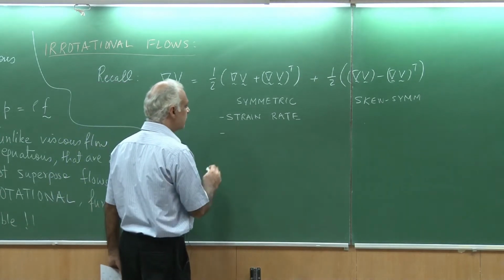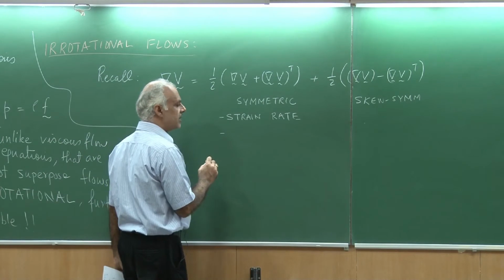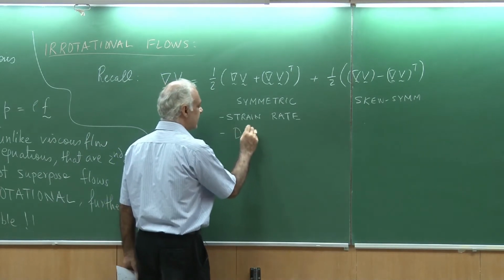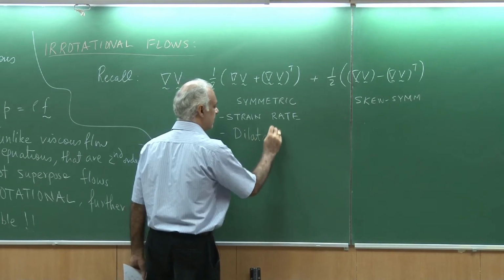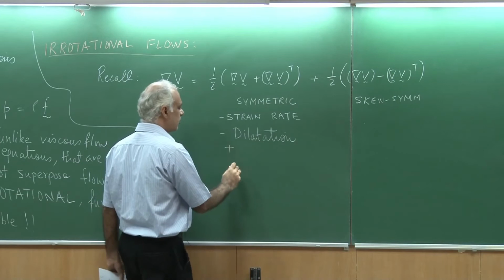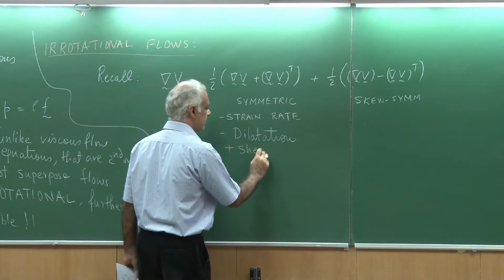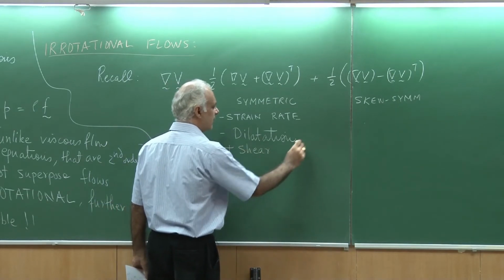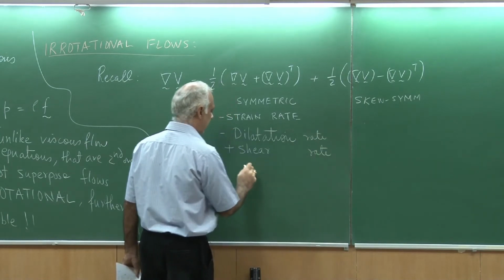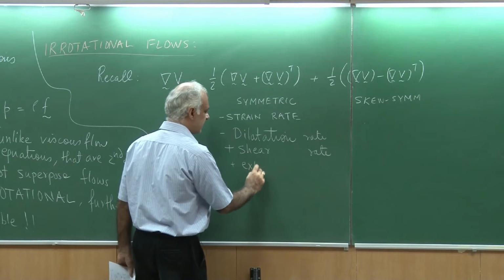So, what does the strain rate include? From the kinematics we recall this includes the dilatation, right. It also includes the shear. So, all these are rates, and of course, the extension.